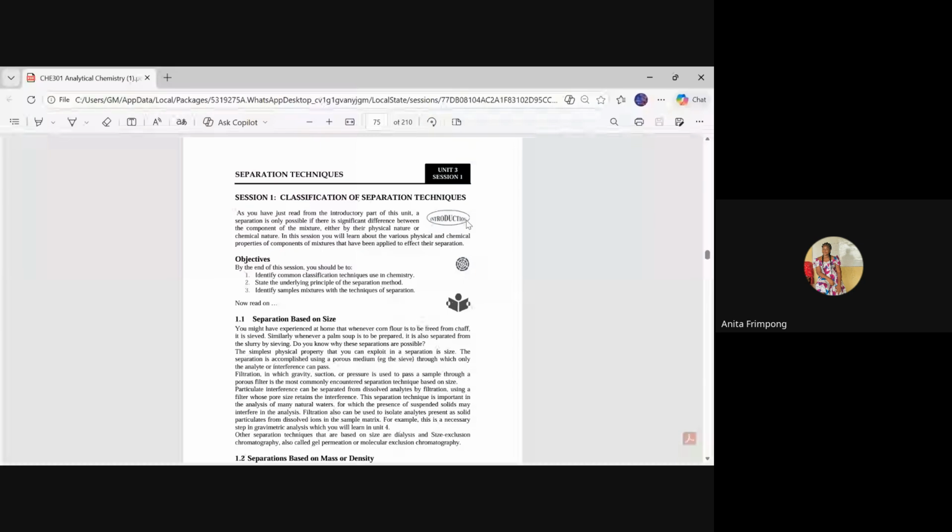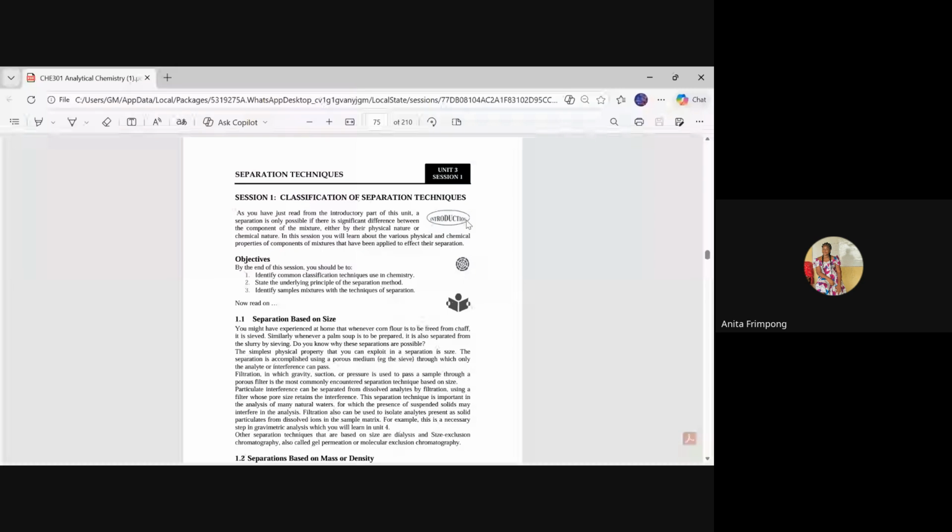As you have just read from the introductory part of this unit, a separation is only possible if there is significant difference between the components of the mixture, either by their physical nature or chemical nature. In this session, you will learn about the various physical and chemical properties of components of mixtures that have been applied to effect their separation.